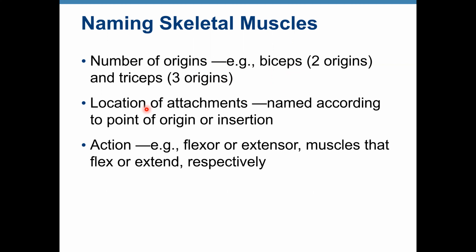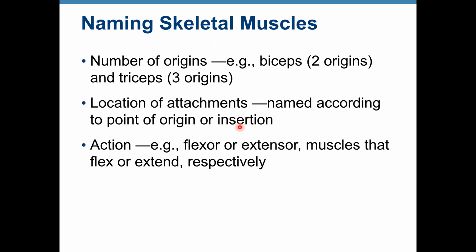We can use location of attachment, named according to point of origin or point of insertion. Let's say the name flexor carpi radialis. So here we actually use action first, flexion, flexor, carpi.